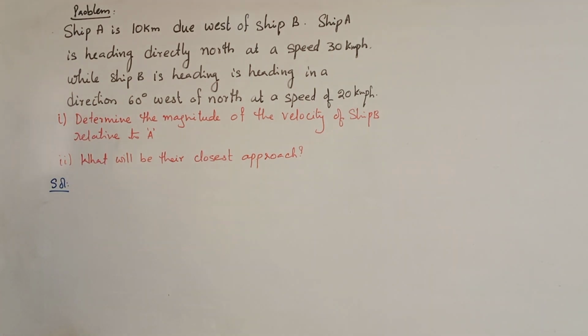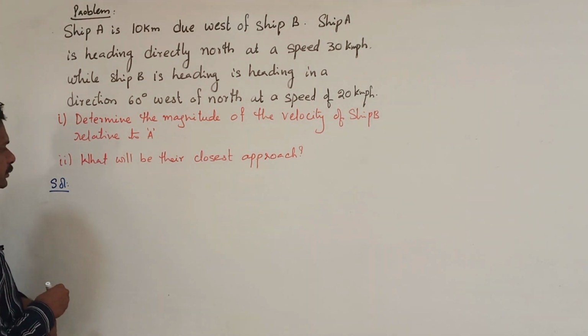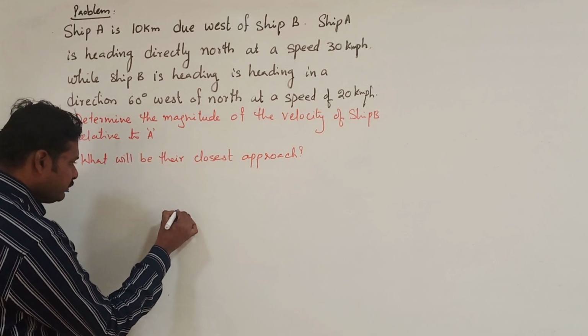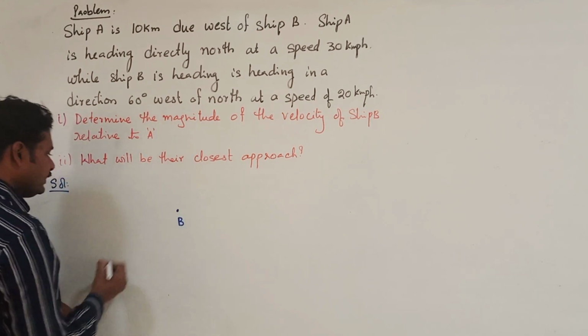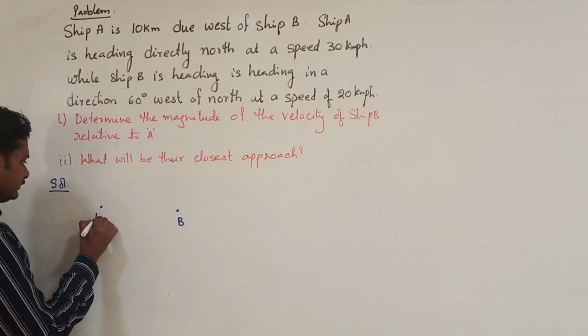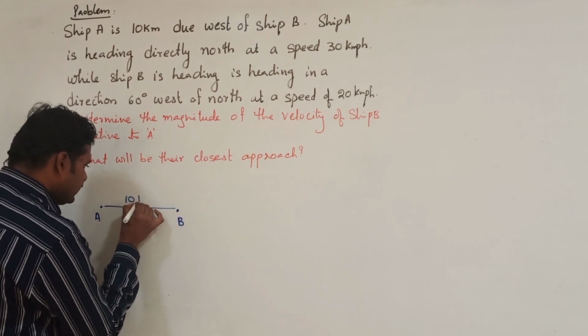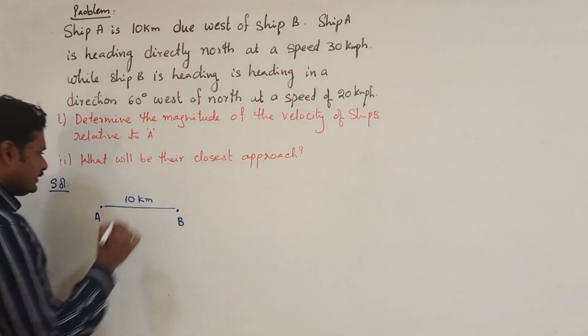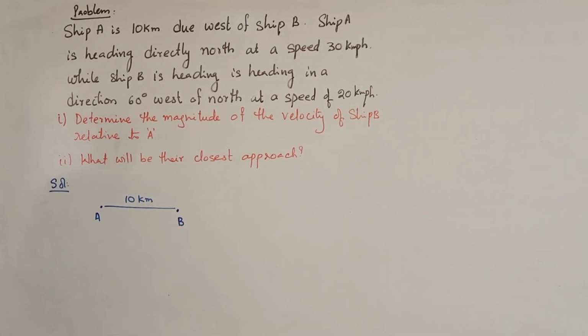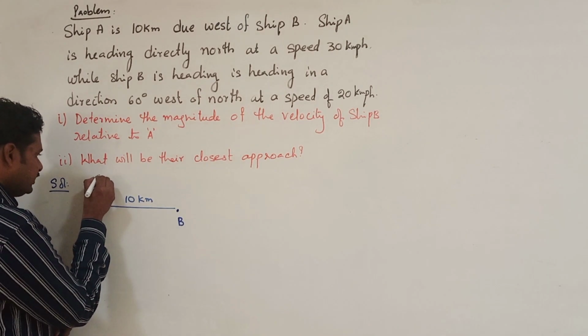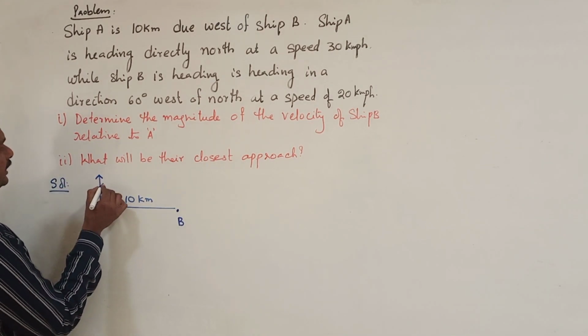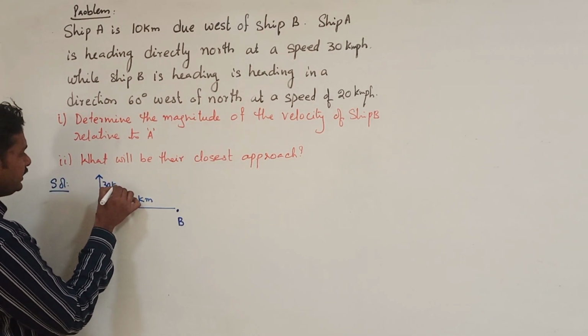Ship A is 10 kilometers due west of ship B. Means ship B is there and ship A is there, and the distance between them is 10 kilometers. Ship A is heading straight north at a speed of 30 kilometers per hour.